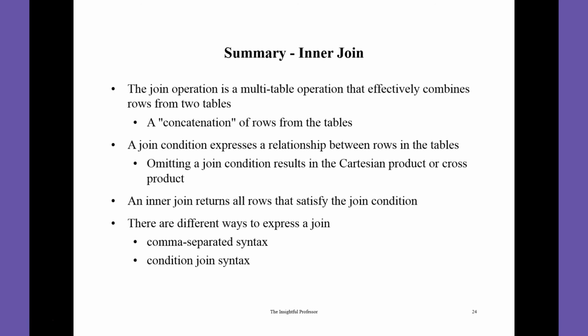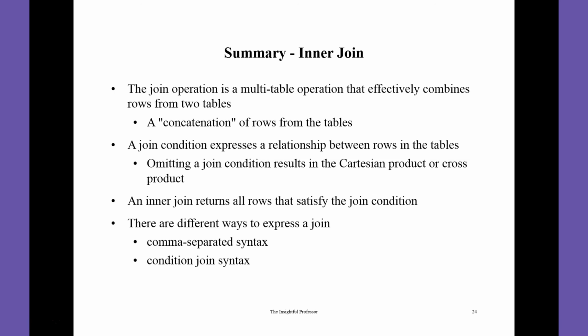Recall that if we fail to specify a join condition in the comma-separated syntax, the result will be a Cartesian product or a cross product. If you fail to specify a join condition in a condition join, you'll get an error. This means you failed to include the on clause.